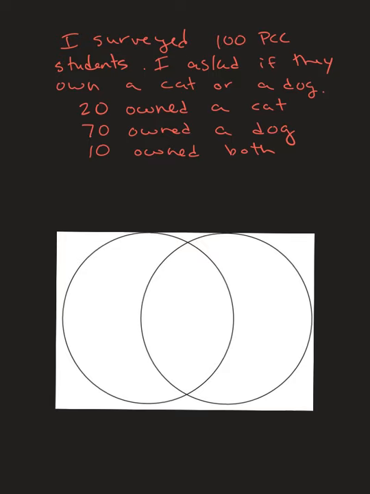First I need to label the circles. When I fill in the Venn diagram, I'm going to fill in the number of people that said cat versus dog versus both. So I'm going to let this one be cat, and this one be dog.